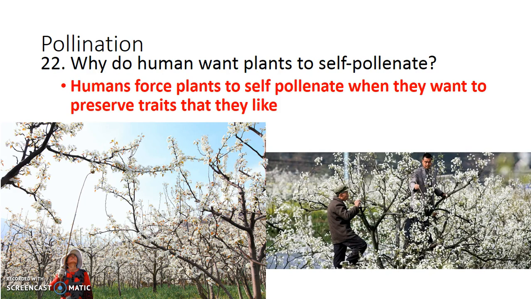Humans don't like cross-pollination. They prefer self-pollination, because they like to preserve traits, and self-pollination, asexual reproduction, preserves these traits. This is sort of an extreme example, actually, of self-pollination. These are Chinese apple farmers, and some provinces of China used pesticides so heavily for so long that they actually killed all of the bees in their province.